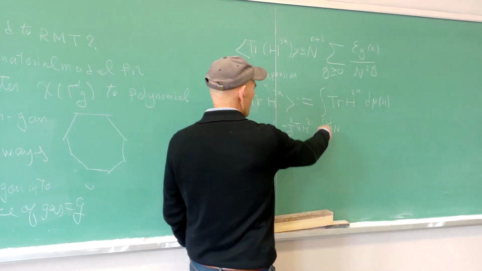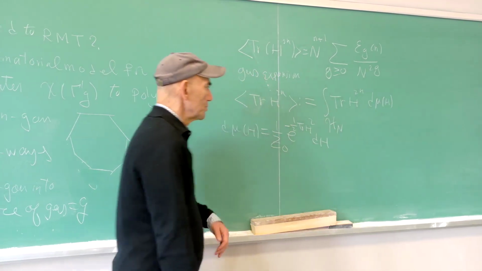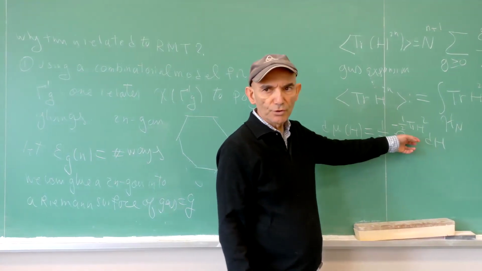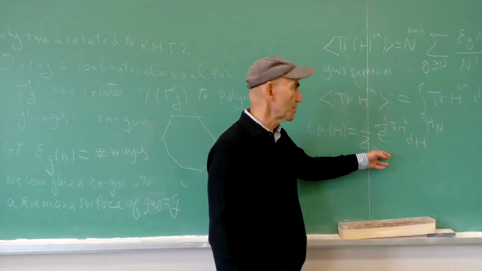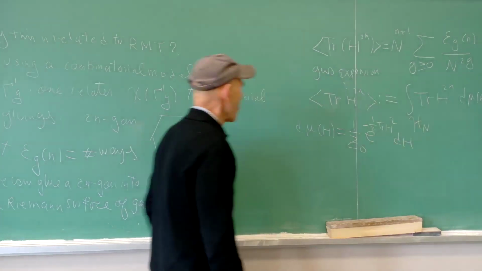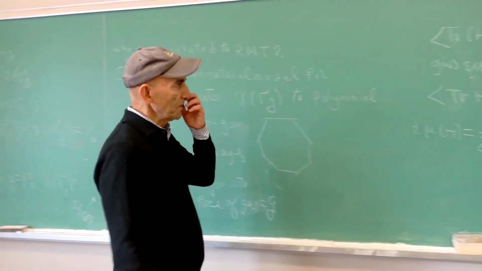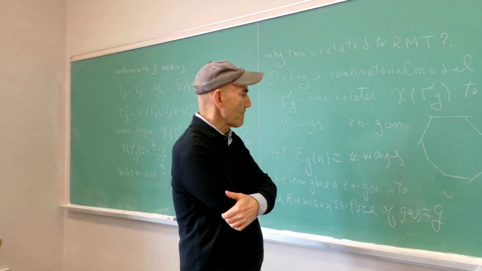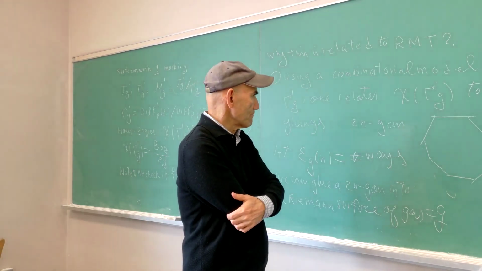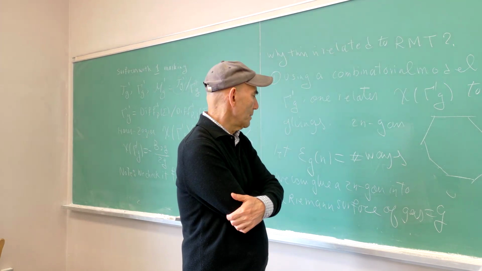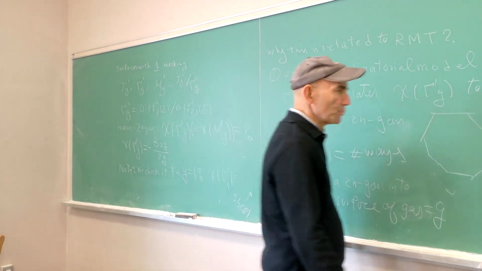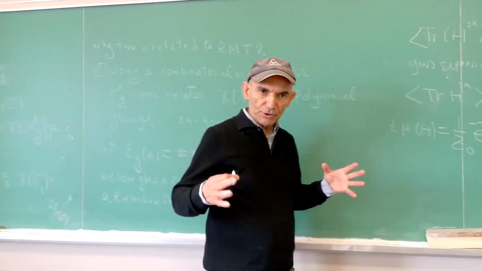This is the Lebesgue measure on the space of Hermitian matrices, and this is normalized, so it has total mass 1, it is a probability measure. This is what we did the first day when we studied random matrix theory.